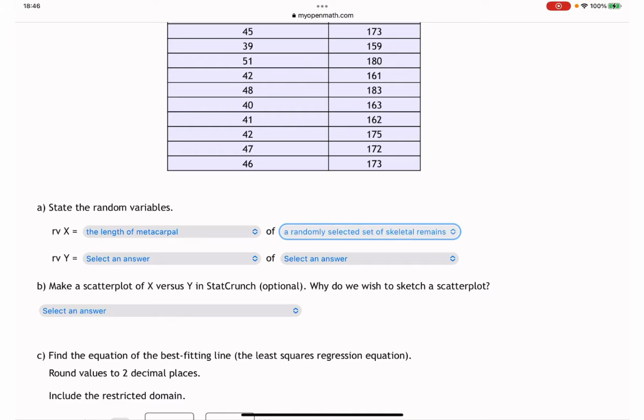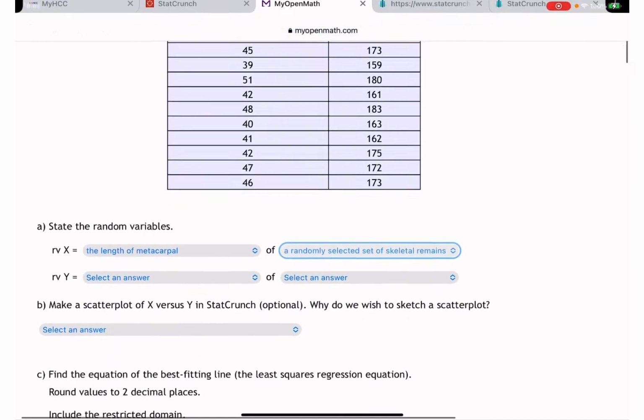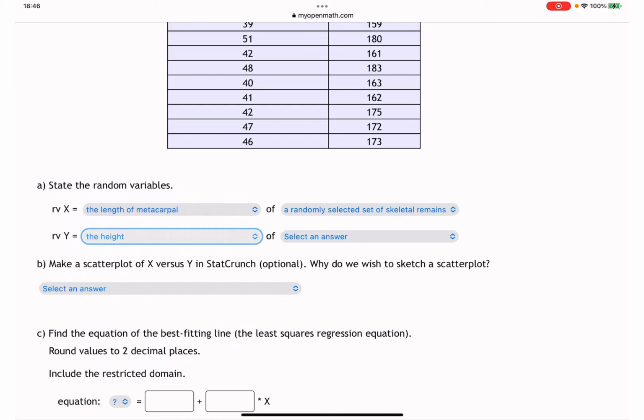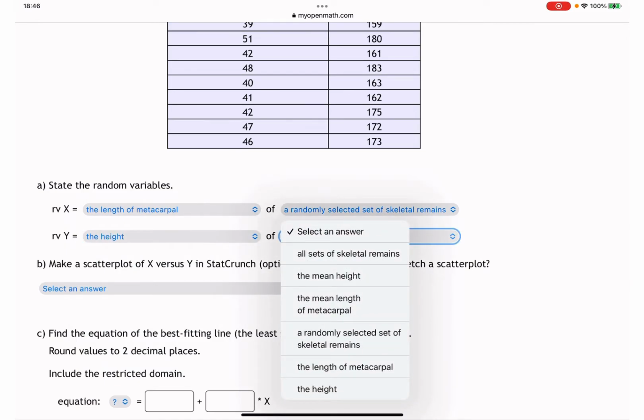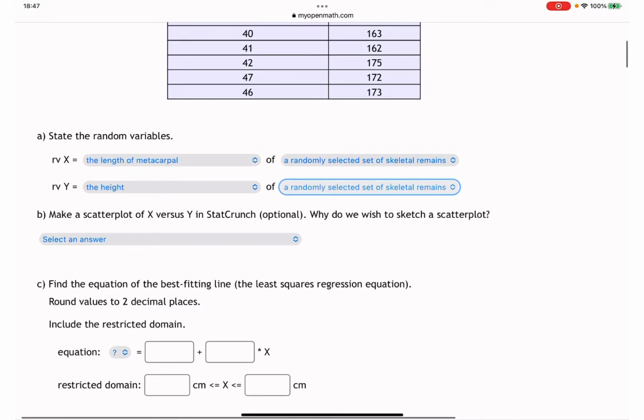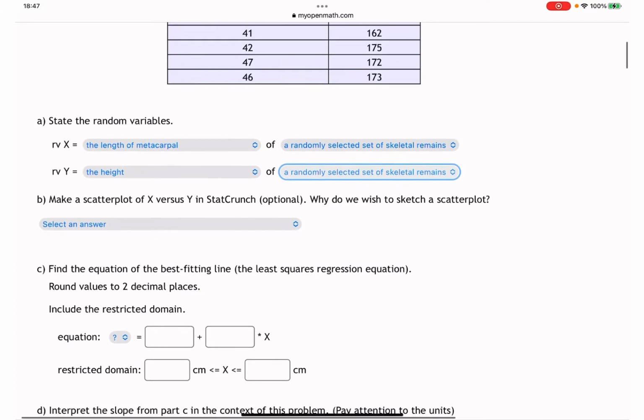Next, Y, what we have here, Y is height of randomly selected set of skeletal remains. All right. Next, we need to do the X versus Y scatter plot.